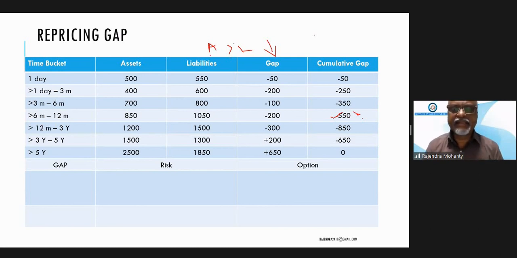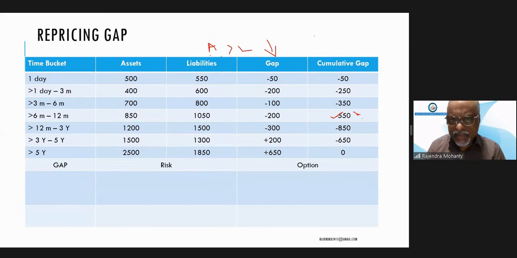When asset is more, liability is less, and interest falls down, NII reduces. In the reverse position, when liability is more than asset and interest rises, you have to pay more on the liability, so NII will decrease.